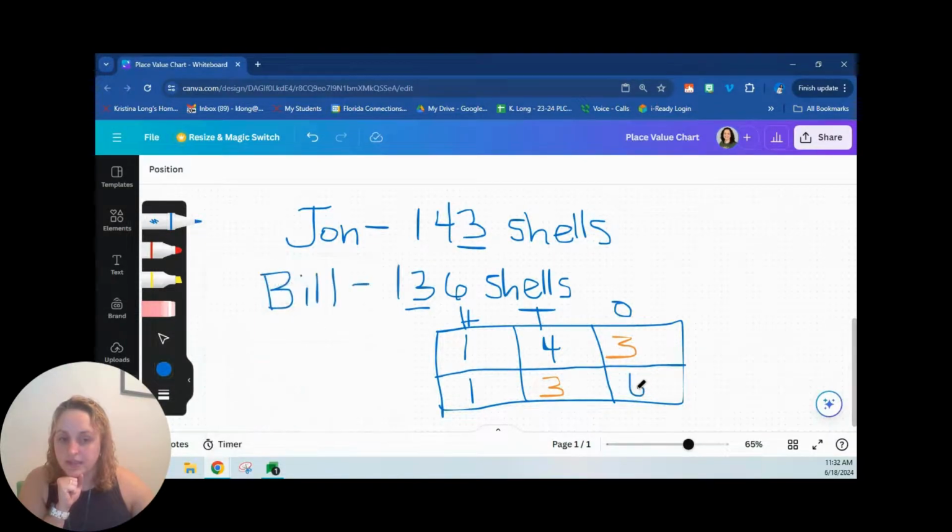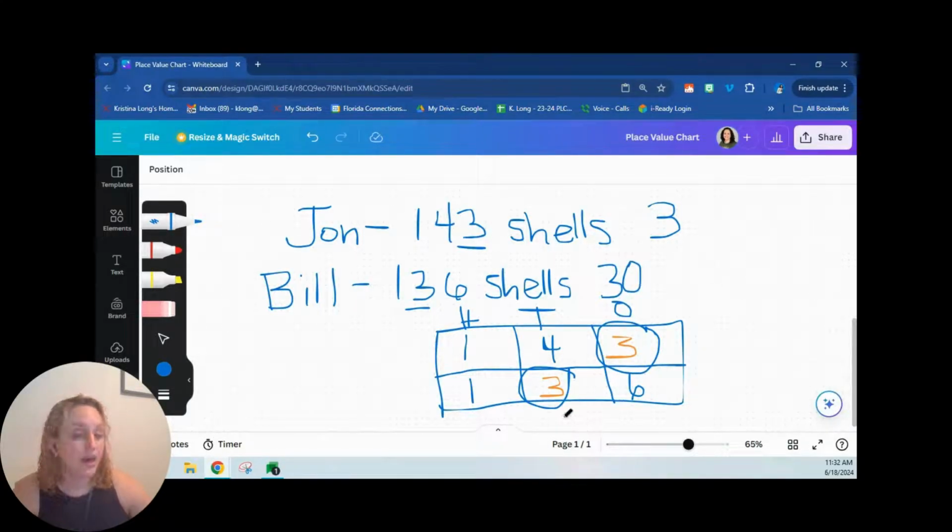Now as I'm doing this, what do you notice? Let's look. John's 3 is worth 3. Bill's 3 is worth 30. How do I get from 3 to 30?